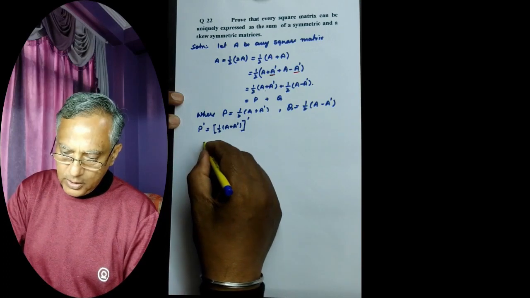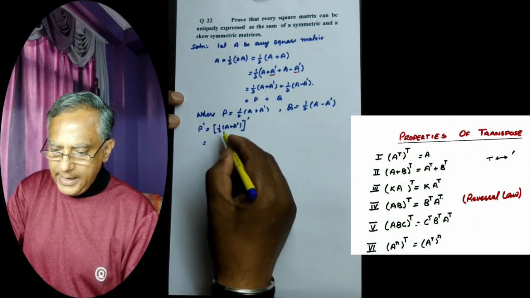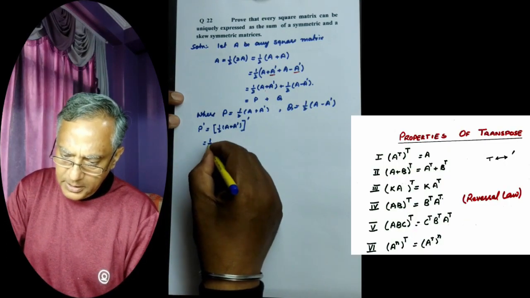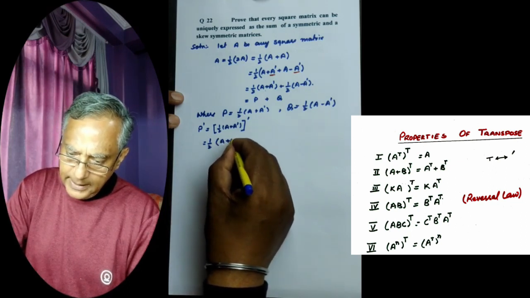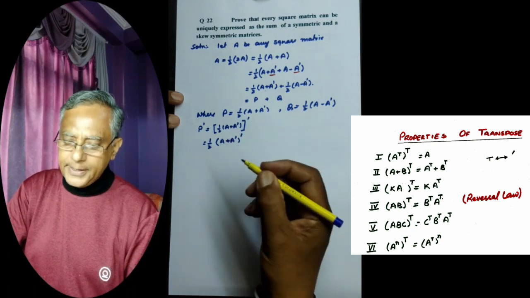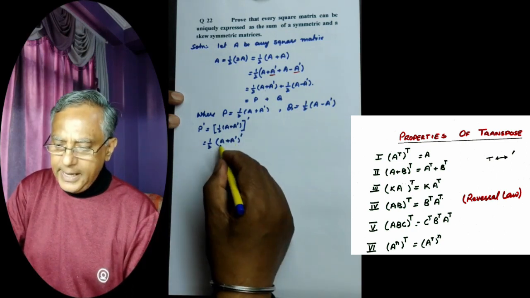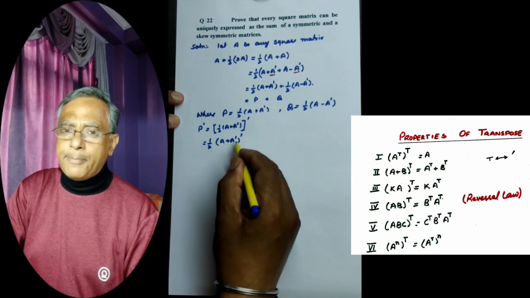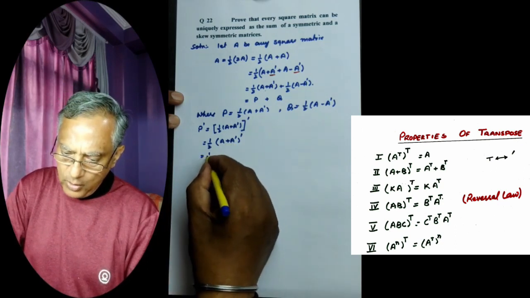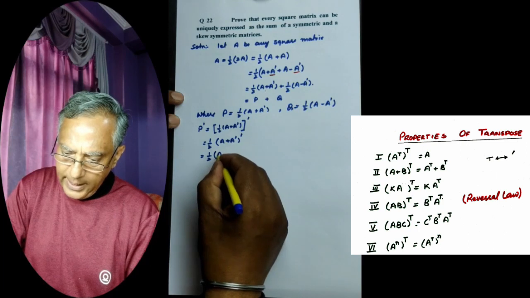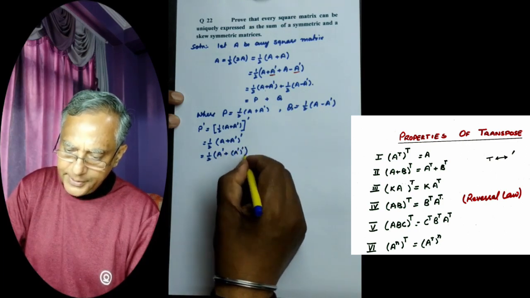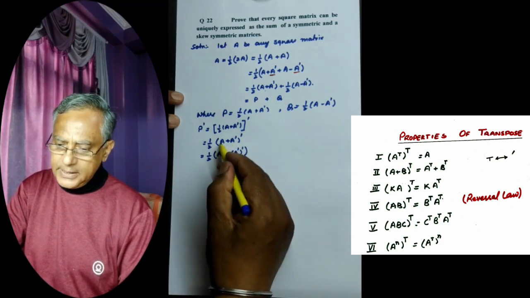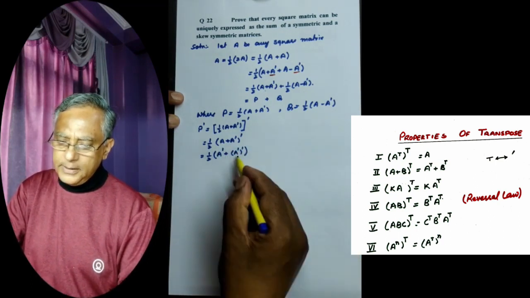So this is equal to, now we can take the scalar out from the transpose. So we get 1/2 into (A + A')'. Now (A + B)' is A' + B', we can take the transpose on separate matrices. So this is equal to 1/2 into (A' + A''), transpose of this plus transpose of this.